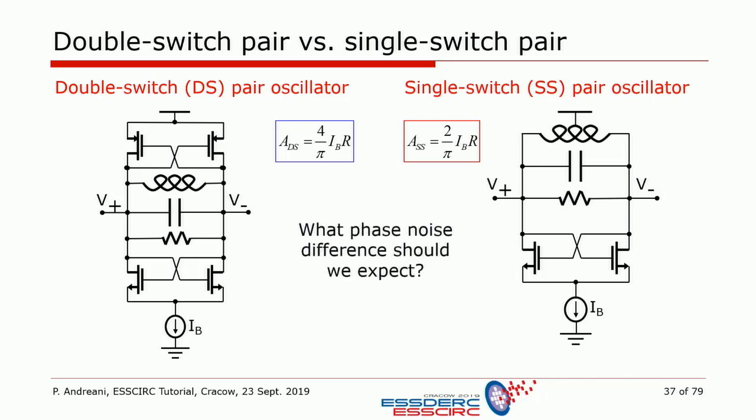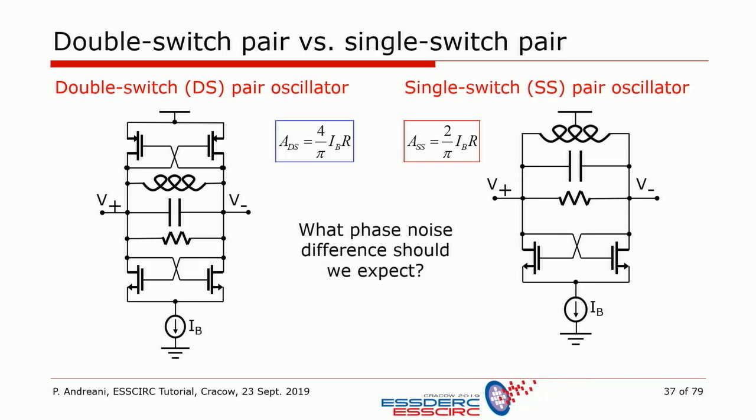So my question is, of course, what phase noise difference should we expect from the two cases? Because a factor of 2 in amplitude is very simply 6 dB. But what about the noise, or let's say the phase noise? One thing which is obvious is that here there are 2 transistors that generate noise, and in the other case there are 4 transistors.